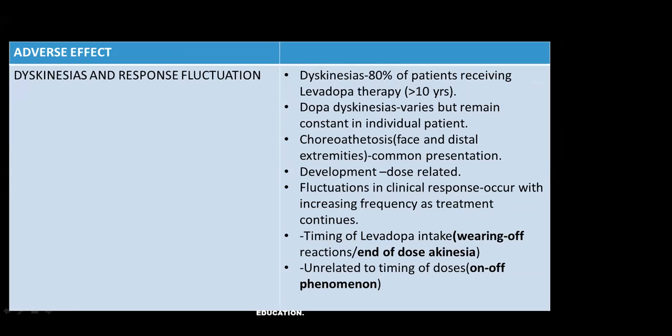Dyskinesias and response fluctuations. Dyskinesias occur in up to 80% of patients receiving levodopa therapy for more than 10 years. The character of dopa dyskinesias varies between patients but remains constant in an individual patient.